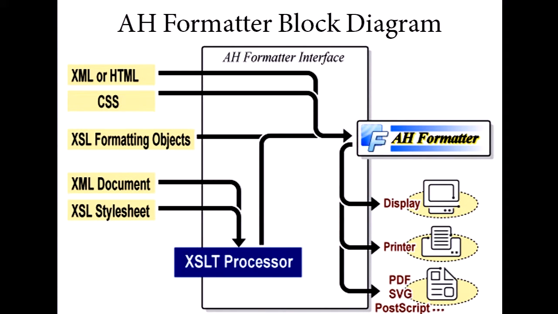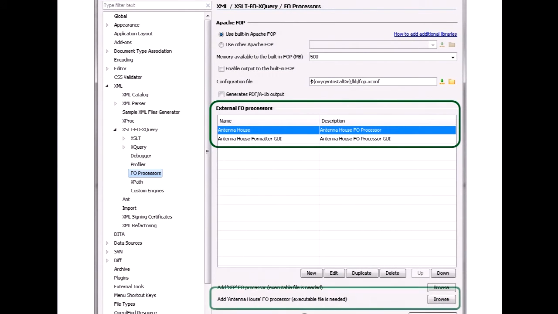As far as I know, every FO formatter will accept either XML plus XSLT or straight XSL FO. And oXygen ships with support for multiple FO processors. It comes with FOP built in, and it has built-in support for the command lines for RenderX and, of course, for Antenna House.